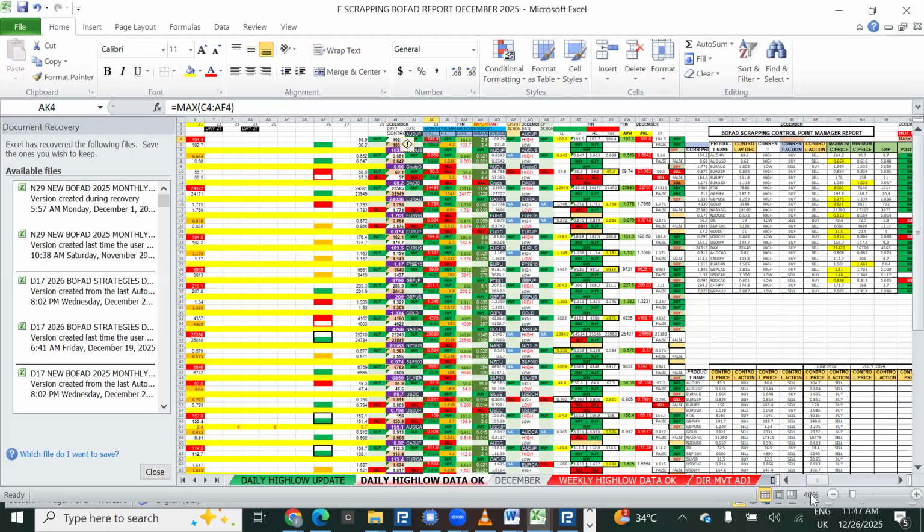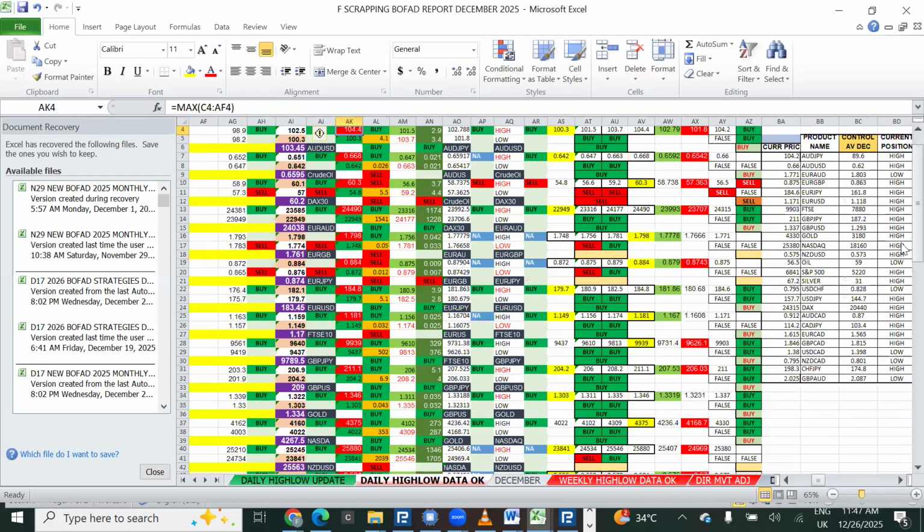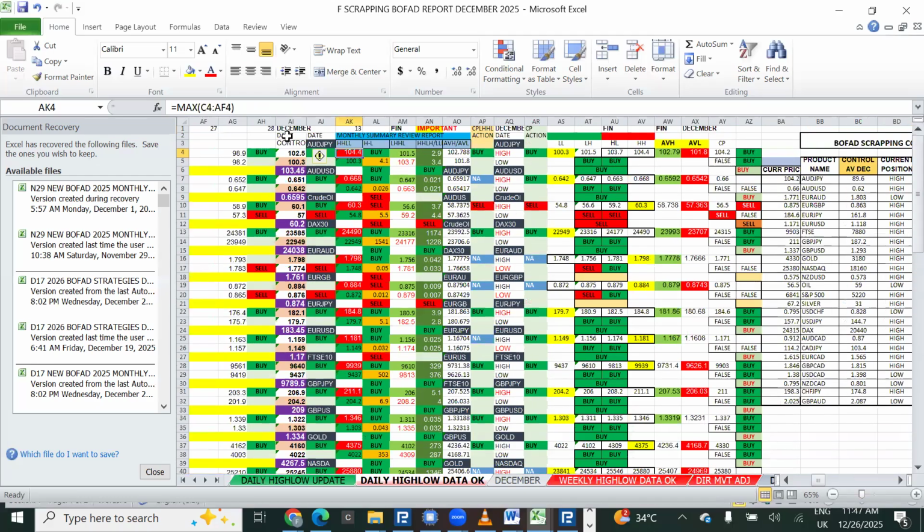Let me expand it because I know sometimes watching may be difficult to see easily like that. So what I do is, once we have a decision here, the decision is going to come from the data in this place and this place for the buy. And if it's the sell, it's going to come from the data in this place and this place.